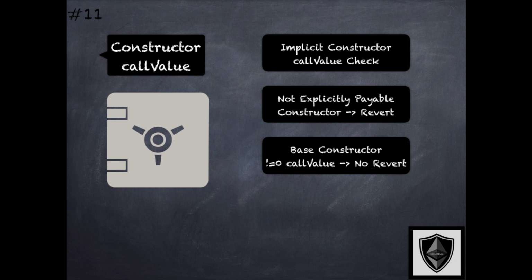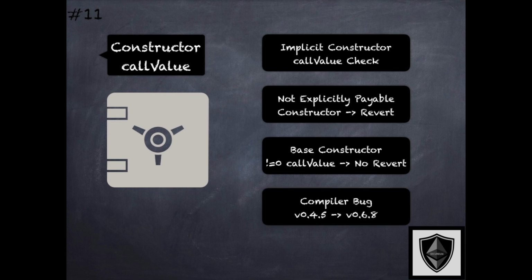However, because of a compiler bug, if a contract did not have an explicit constructor, but the contract had a base contract that did define a constructor, then in those cases, it was possible to send ether value in a contract creation transaction that would not cause that revert to happen. And this compiler bug was present all the way from version 0.4.5 to version 0.6.8.